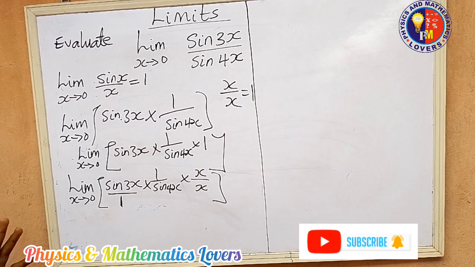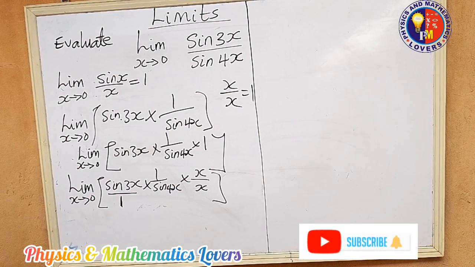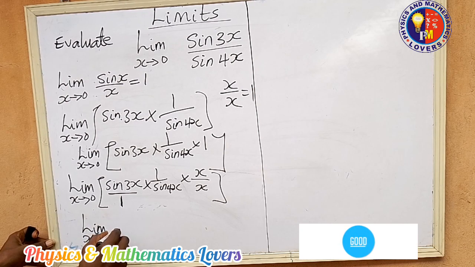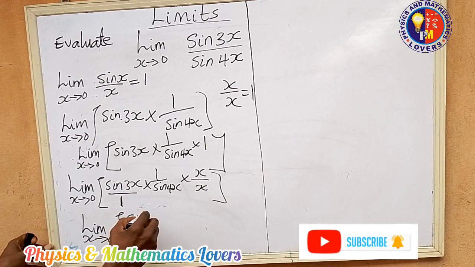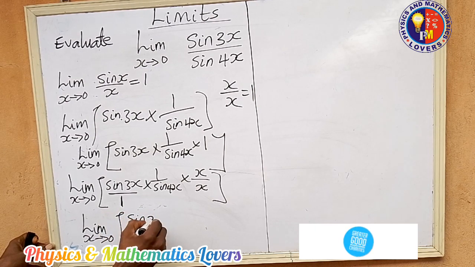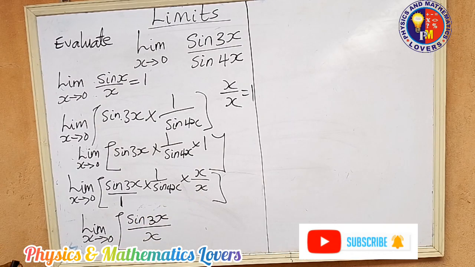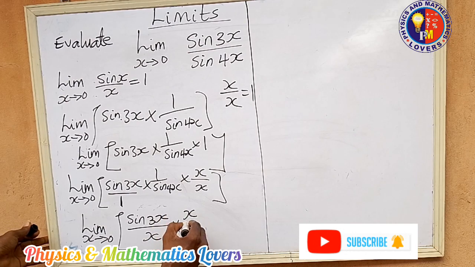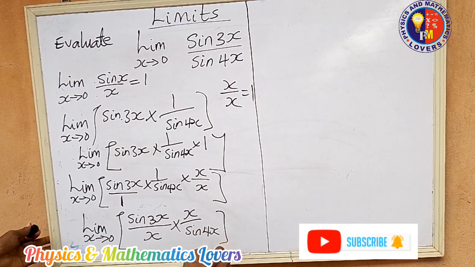I will take this x here to come here. So I want to rearrange everything to become the limit as x tends to 0 of sine 3x all over x, times x over sine 4x.